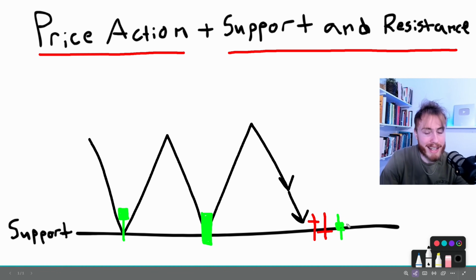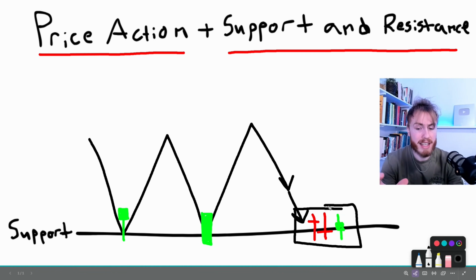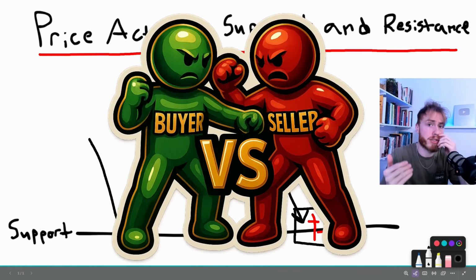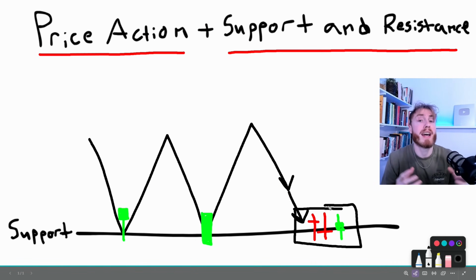This is a candle known as a spinning top. All of these candles together, what do they tell you? Well, they definitely don't give you any confidence about this support. It actually tells you that on this support level, neither the buyers nor the sellers are in full control. And this is a bearish sign.